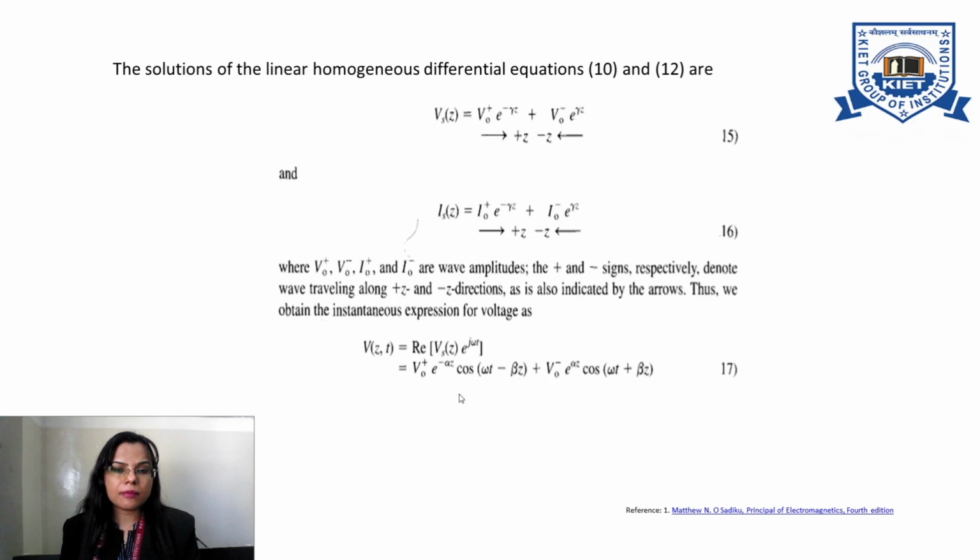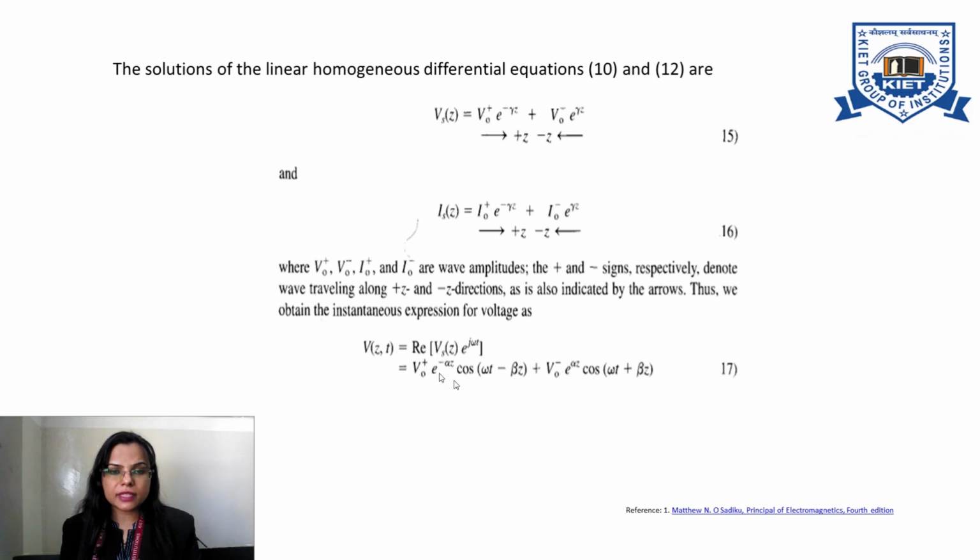Alpha is the attenuation constant and beta is the propagation constant. So, if I want to propagate my wave without any attenuation, alpha should be 0. If alpha is 0, your whole wave is transmitted. If beta is 0, your whole wave is attenuated.